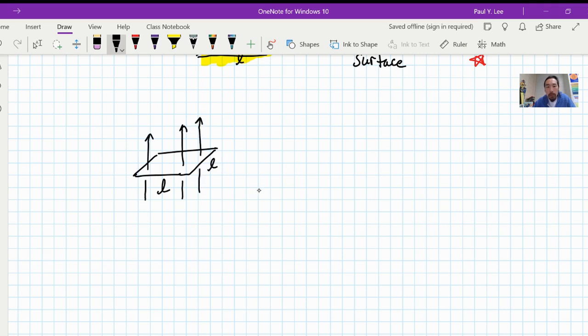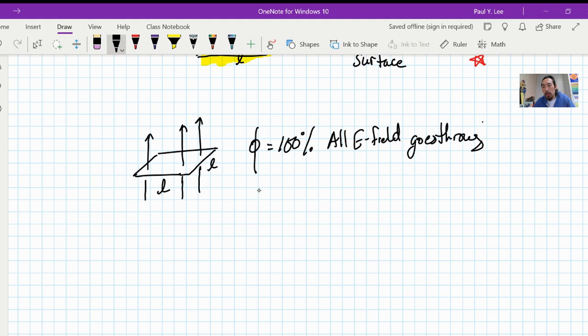All right, so I have my E field lines going through this area that you see there. We can see when my E field lines are like this, my flux is 100%, which means all E field goes through the area.